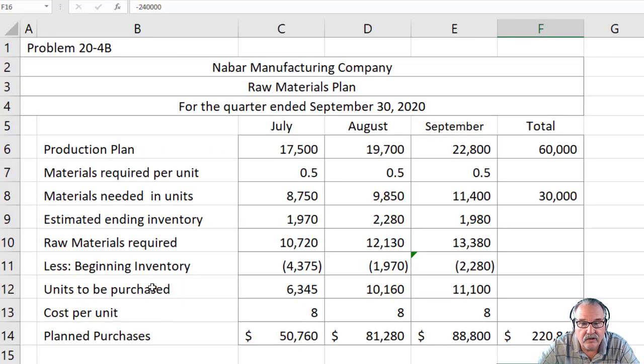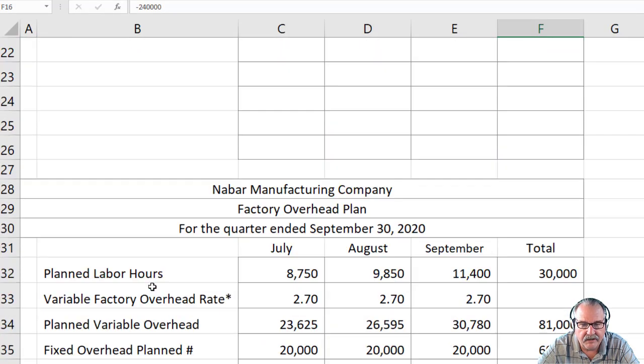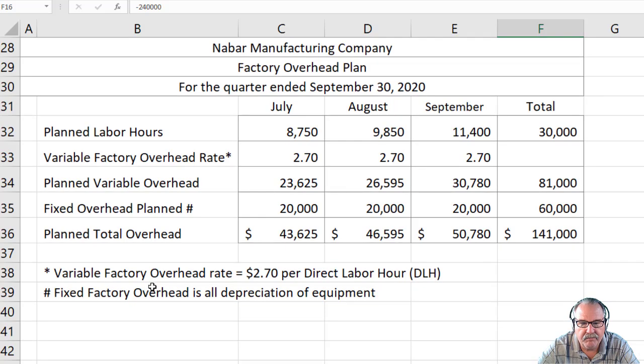Next, we will do our overhead plan, and the overhead plan is going to be based on labor hours. That's our application rate. Our overhead application rate is $2.70 per direct labor hour. So if we take the planned labor hours and multiply it times our rate, that gives us our variable overhead.